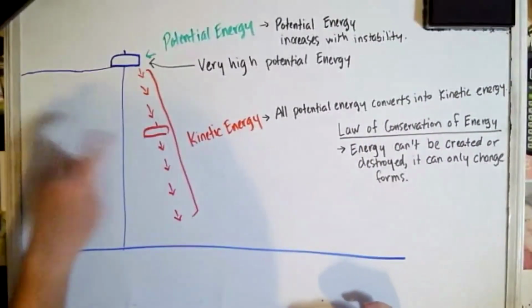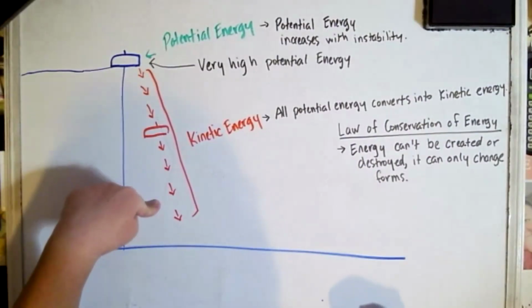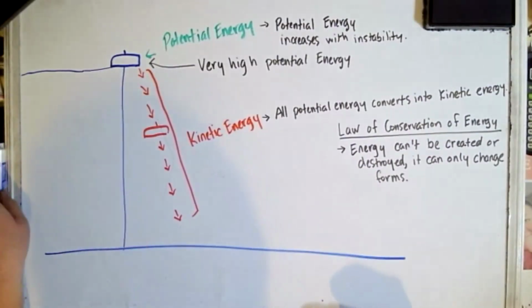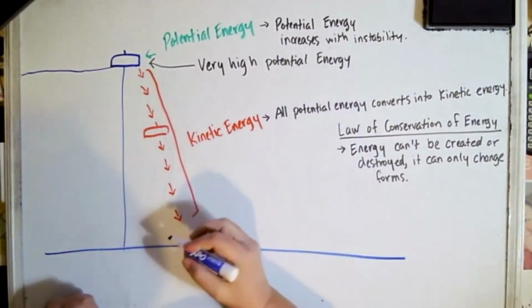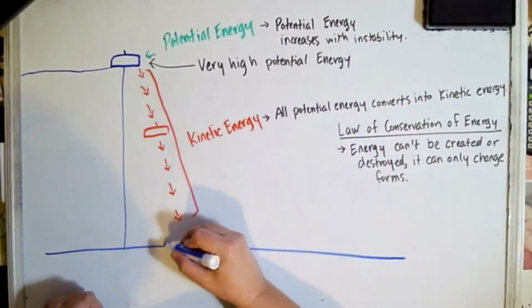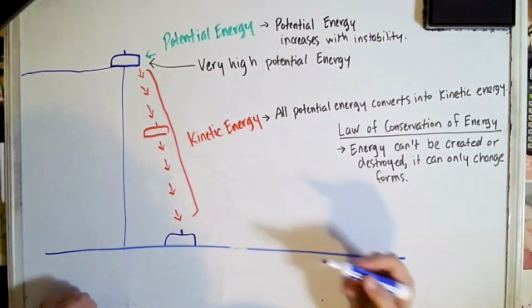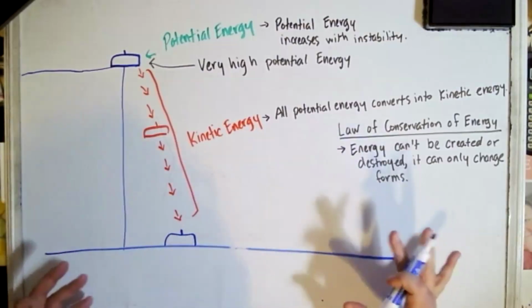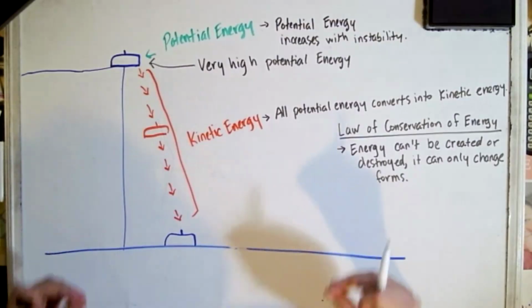So now as our weight is falling to the ground, all of that potential energy turned into kinetic energy, but it's only going to stay as kinetic energy until our weight hits the ground. Once our weight hits the ground, it's not moving anymore, right? It's stationary again, but this time it's very, very stable.